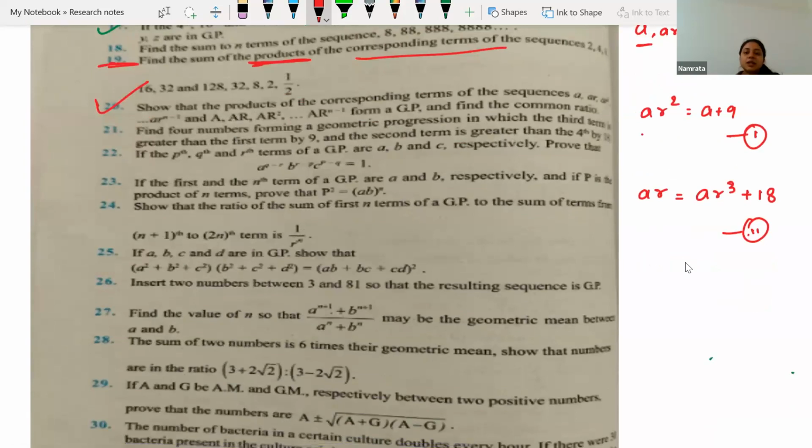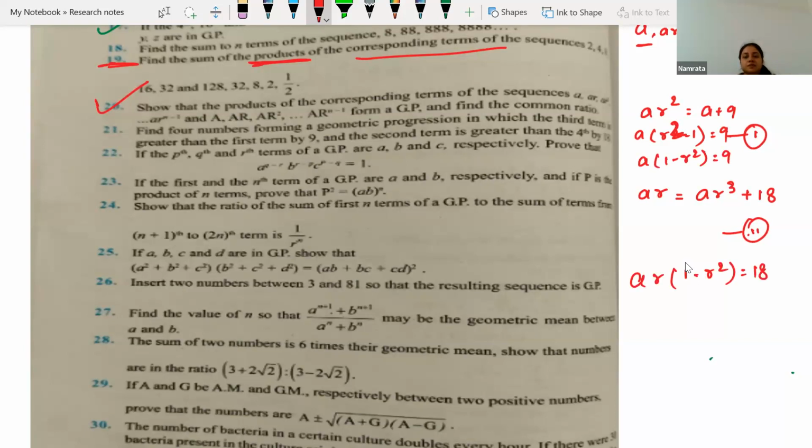So here we will take a common. We will have a times R square minus 1 is equal to 9, or we can also say that a times 1 minus R square is equal to negative 9. Here, if we take aR common, we will have 1 minus R square is equal to 18.